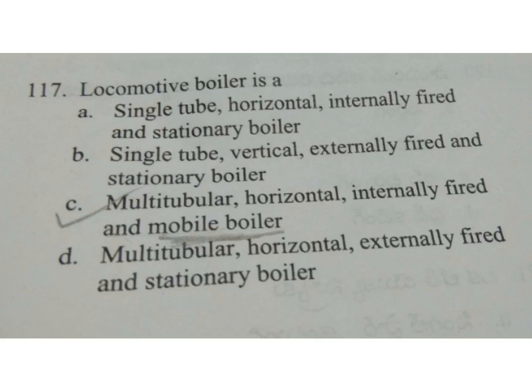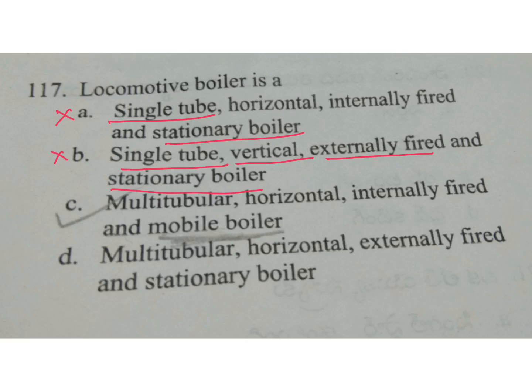Locomotive boiler is: A, a single tube horizontal internally fired and stationary boiler. Here a single tube is given, so not possible, and stationary also. B, single tube vertical externally fired and stationary boiler. All are not satisfying.